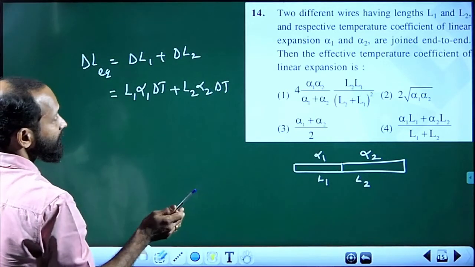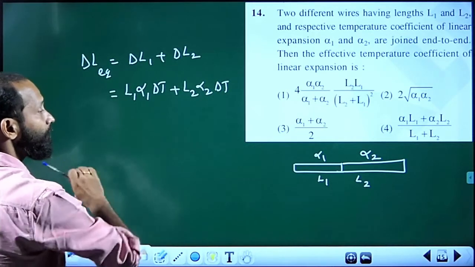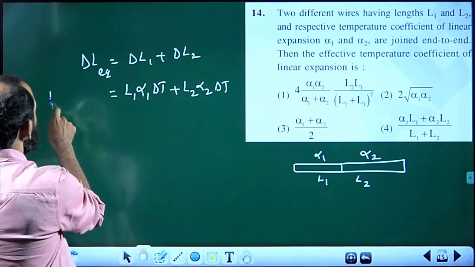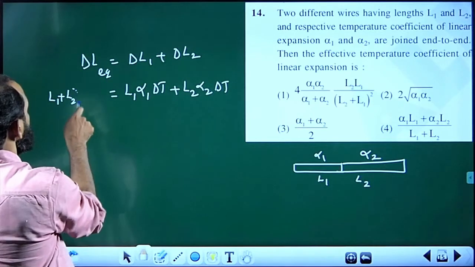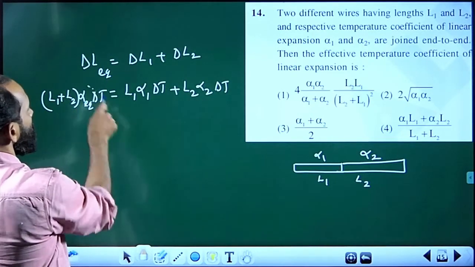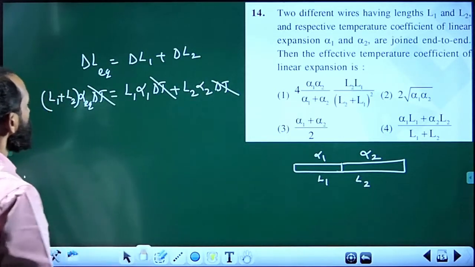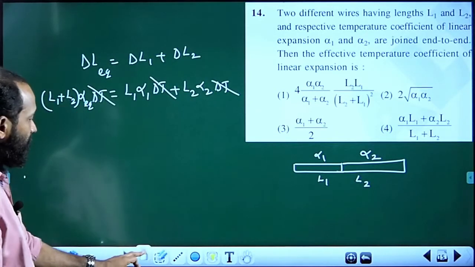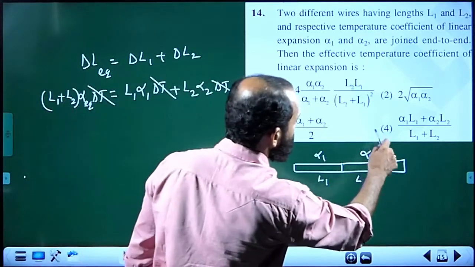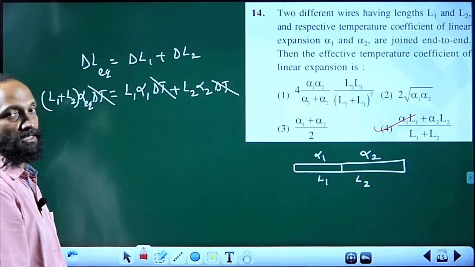Changes in temperature are occurring uniformly over every cross section of the wire. Here delta L equivalent will be, total length is L1 plus L2, times alpha equivalent delta T. Delta T can be cancelled throughout and alpha equivalent is equal to L1 alpha 1 plus L2 alpha 2 divided by L1 plus L2, fourth option.